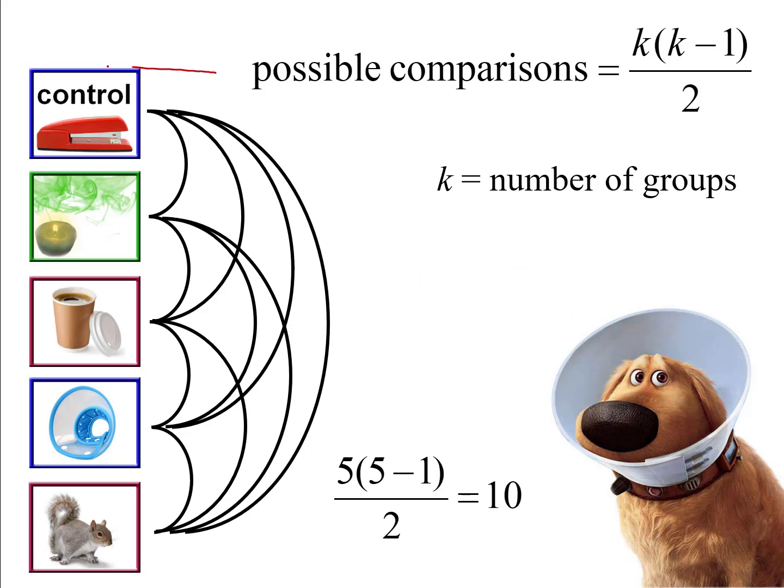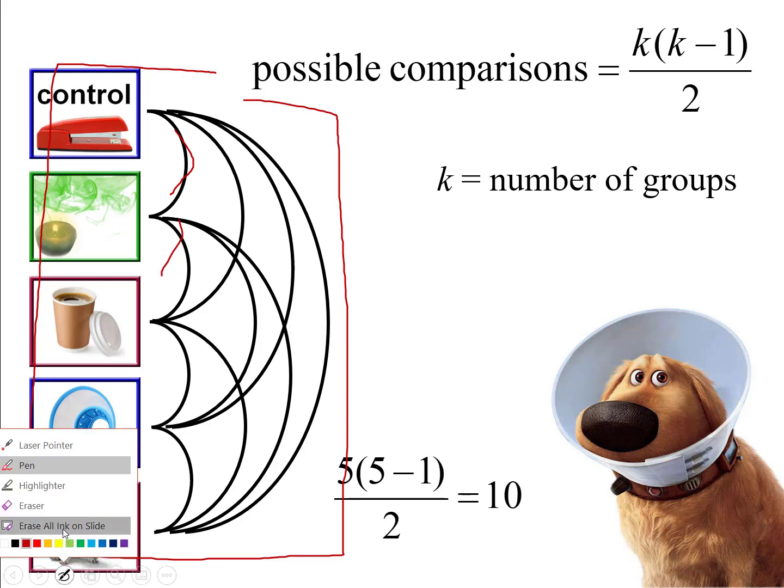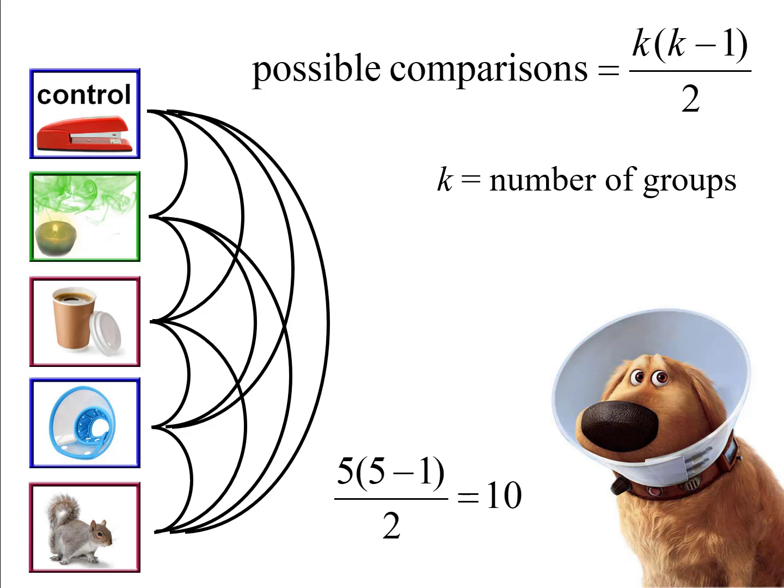Or over here on the screen, I have a situation with 5 groups, and if we count up all the possible contrasts we can make between 5 groups, you will see we can make 10 possible contrasts. So you could just think of all the possible contrasts and count them up. Or another way to determine this is to use the formula at the top of the screen. This will tell you the number of possible comparisons you can make given the number of groups you have. In this formula, K is the number of groups.